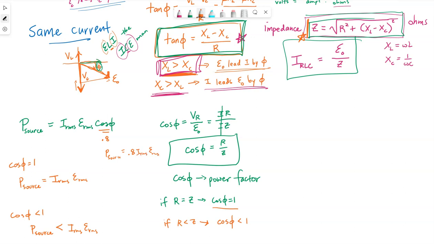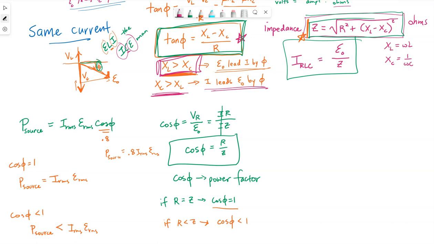So 80% of the total possible power is going into powering the circuit to create the heat, the light, whatever it is that the circuit is meant to do. It turns out when we have a power factor that is not 1, some of the energy is just going into oscillating the energy between the inductor and capacitor.